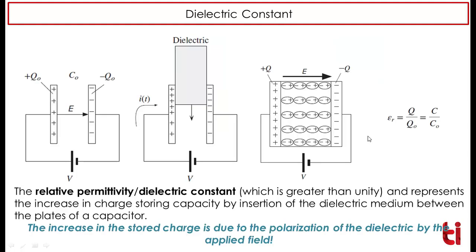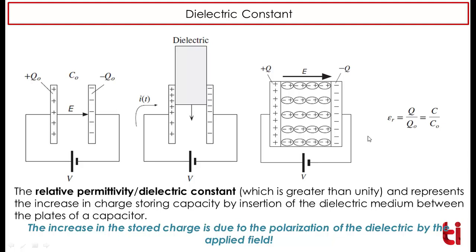Capacitive applications of a dielectric material depend on its dielectric constant. The dielectric constant, or relative permittivity, of a material is defined as the increase in charge storing capacity by insertion of the dielectric medium between the plates of a capacitor.